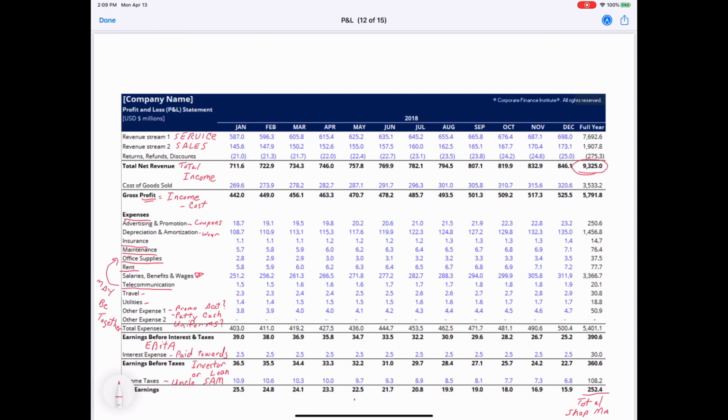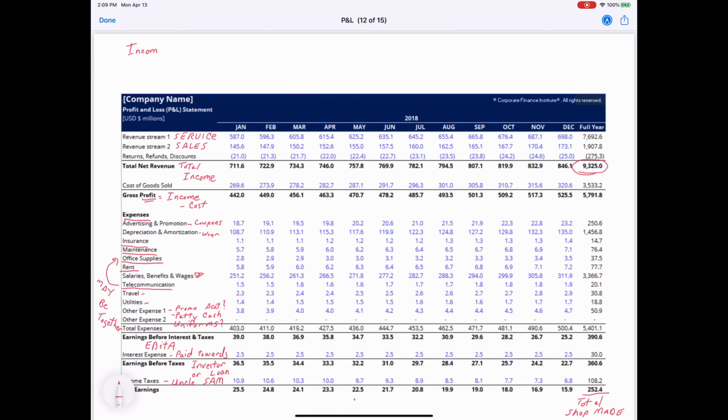If it's a sole proprietorship and you want to take that money home, great, you can. But ultimately, that total earnings every month is what the shop made. And with anything other than a sole proprietorship, that money needs to stay with the shop.